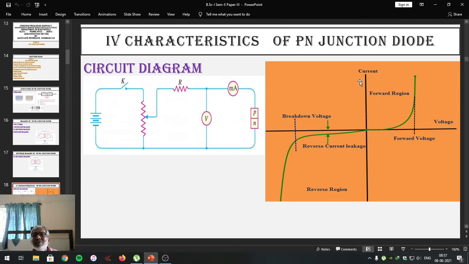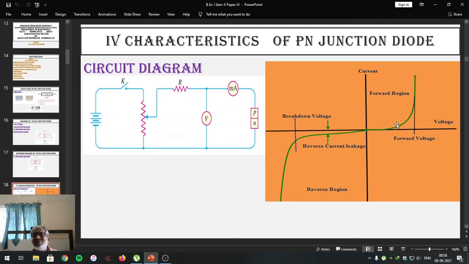Plot the graph of current I against forward voltage. Current is taken on the y-axis and voltage is taken on the x-axis. You will get a graph of the nature represented here. Look here, this green line in the first quadrant represents the forward IV characteristics of the PN junction diode.